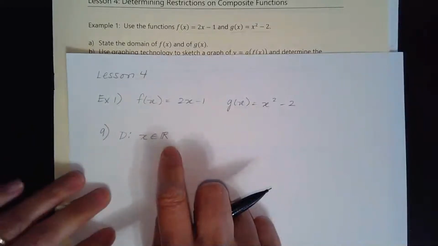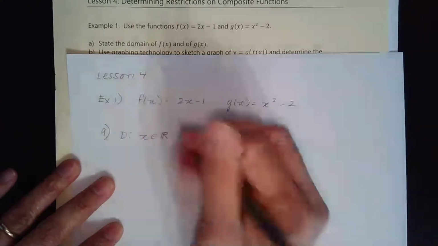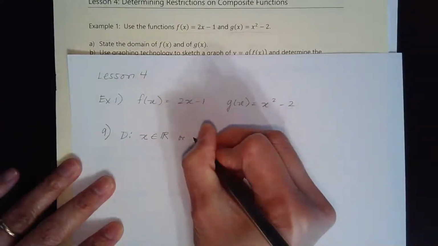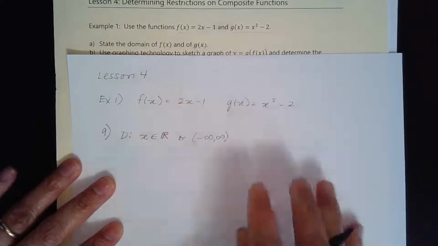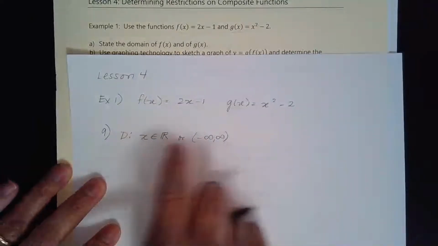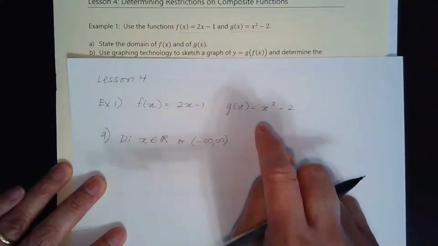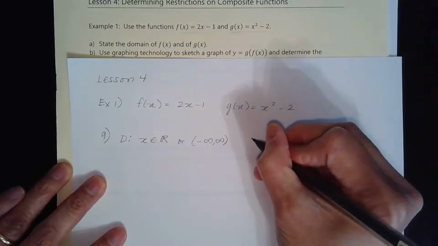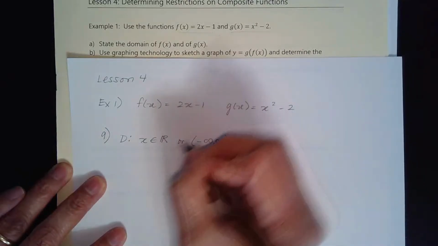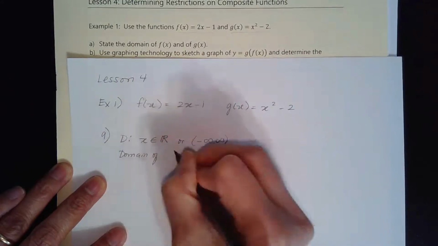But if you want the interval notation, you can say from negative infinity up to infinity. So that's the domain of f of x, and then the domain of g of x.